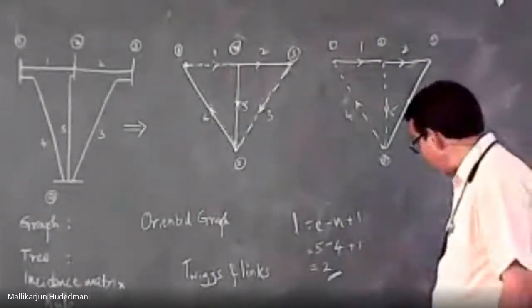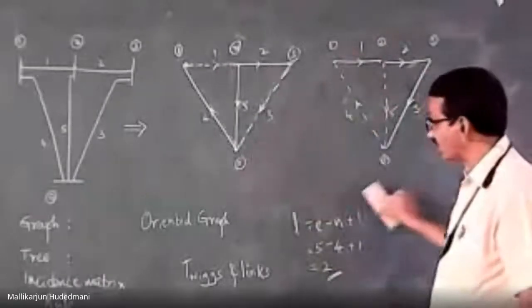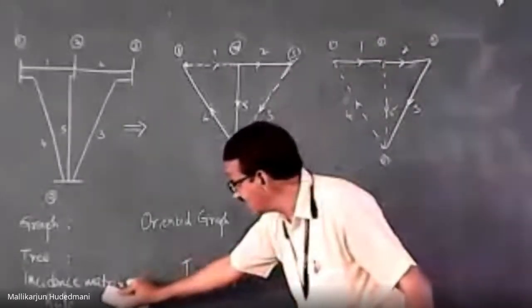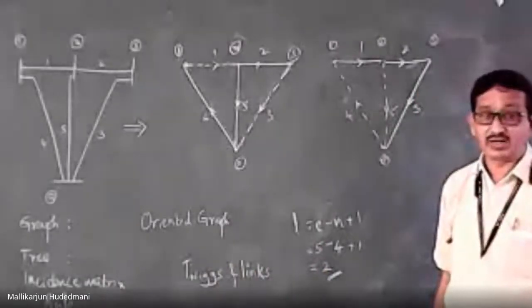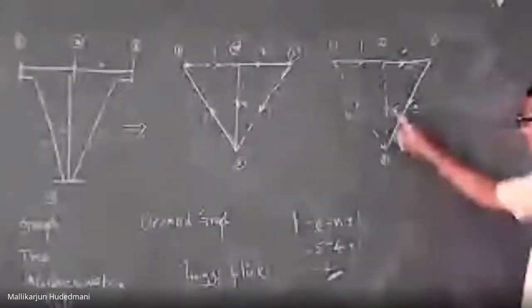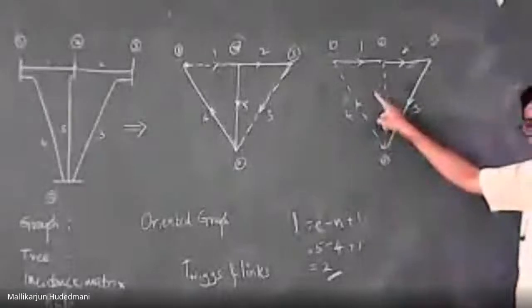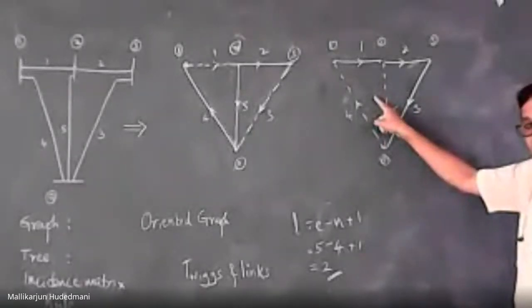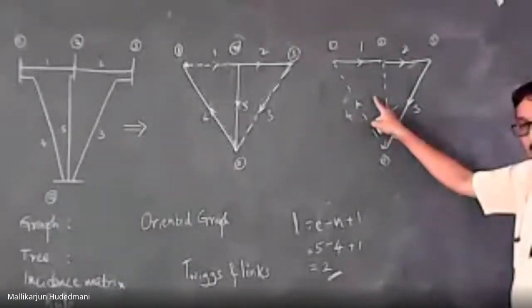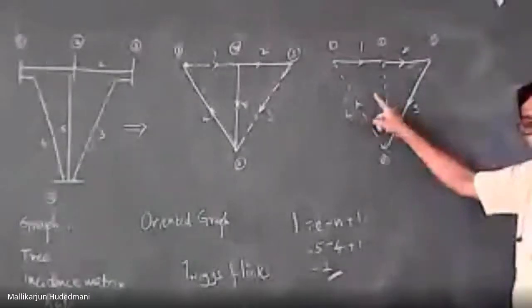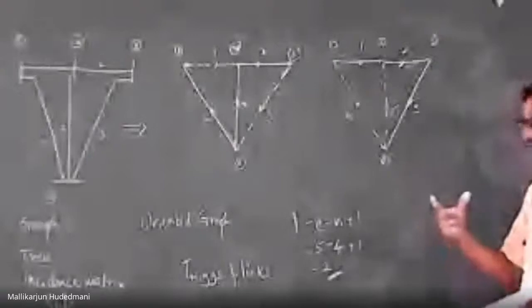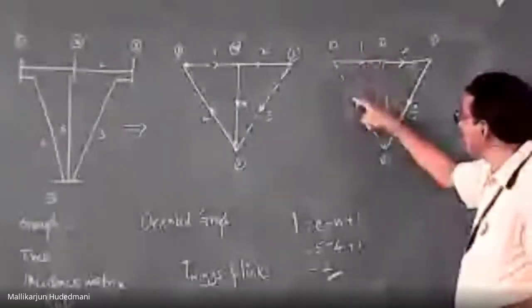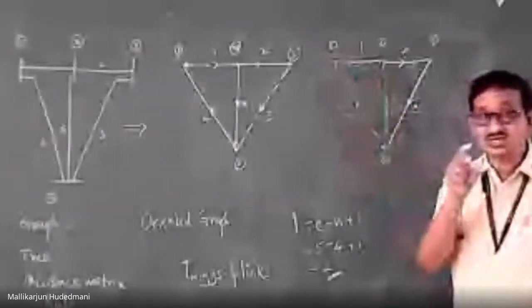So next, after having the basics, I go with the incidence matrix. What do you mean by incidence matrix? When a tree is formed, after obtaining the tree, mathematical operations must be performed. How do you perform mathematical operations? You have to compact the representation of elements and nodes by their relationships.